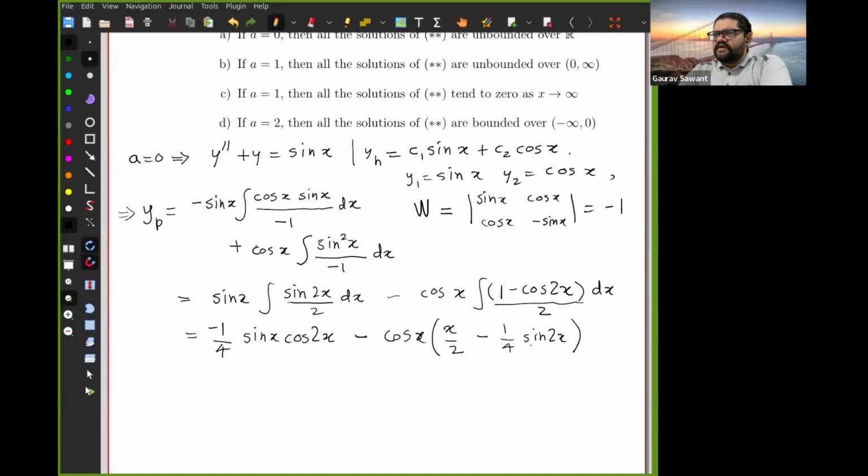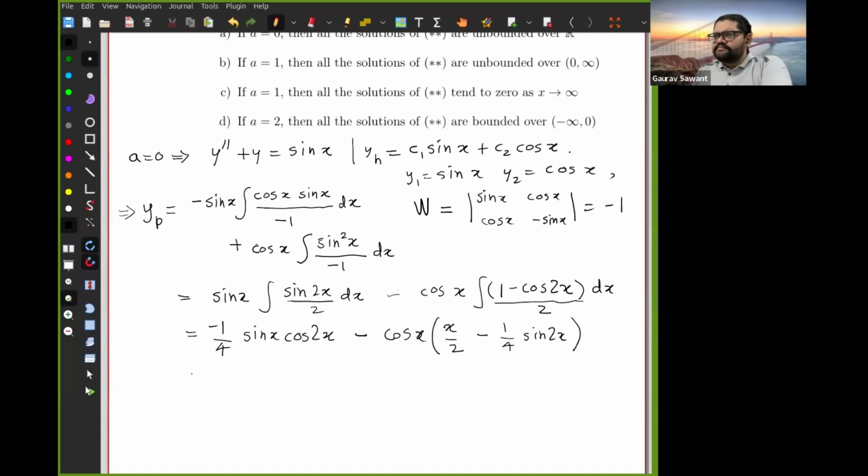Okay. Now just combine this together. What we get is 1 by 4 sin x cos 2x minus cos x sin 2x, that is cos x sin 2x minus cos 2x sin x, and then there is x by 2 cos x.